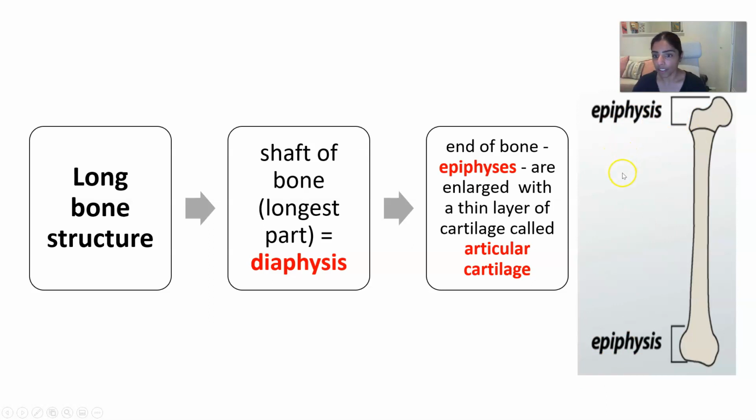Now, the epiphyses have these enlarged swollen areas, and the reason for that is because they articulate or interact with other bones. Now, they don't rub bone on bone. We have a layer of cartilage at the ends of the bones, which is known as articular cartilage. The shaft of the bone itself is known as the diaphysis.